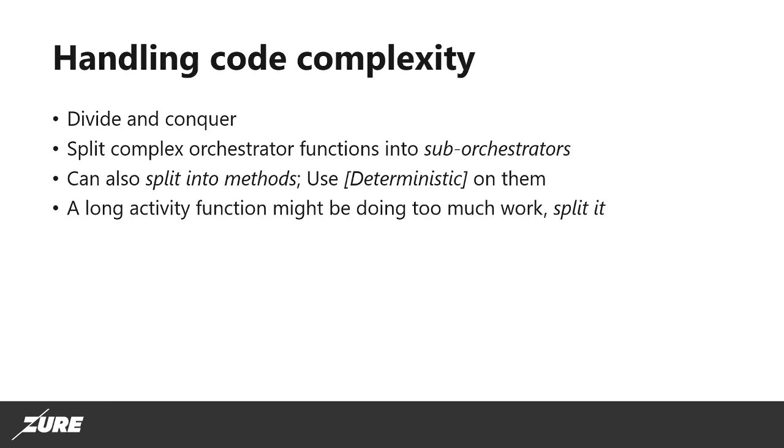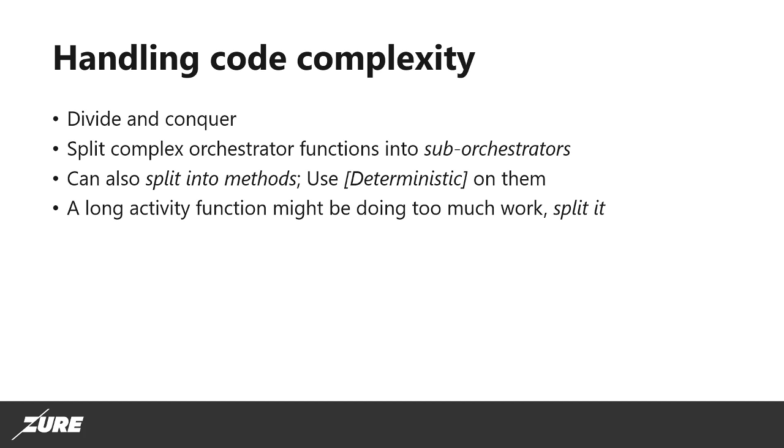If your orchestrators and activities start to become complex, the general approach of divide and conquer that applies to many things in computer science works here as well. So if you have a complex orchestrator function, you can split it into sub-orchestrators and call them in a sequence. You can also split orchestrator functions into methods. So you can just make basic C# methods.